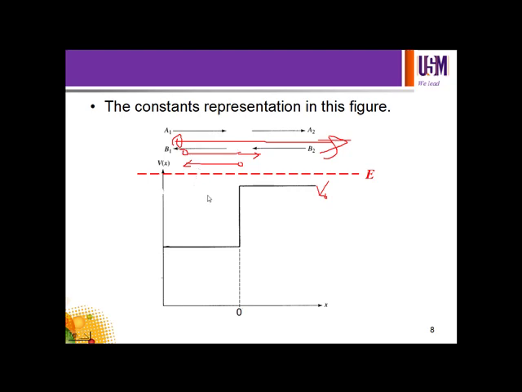That's why we call it a remarkable result, because it is not similar to classical mechanics. In classical mechanics, all particles will be transmitted through. But in quantum mechanics, some particles might be reflected back, even though the energy of the particle E is greater than V naught, that means greater than the potential wall here.